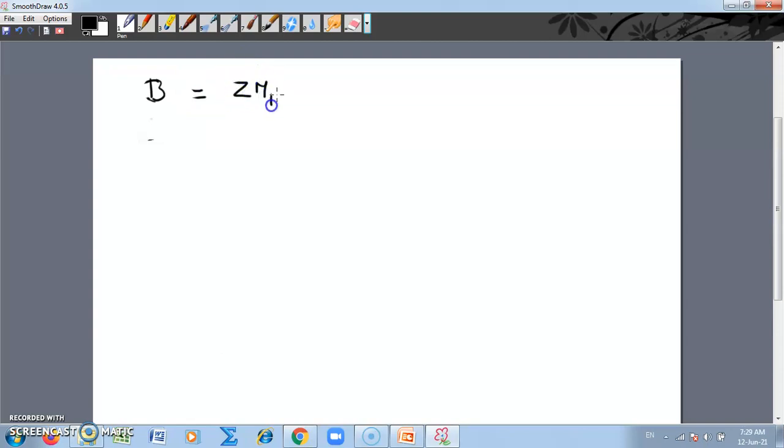Z MH plus (A minus Z) Mn, the mass of the neutron, minus M(A,Z), into C square. Now binding energies are sometimes also expressed in terms of mass.